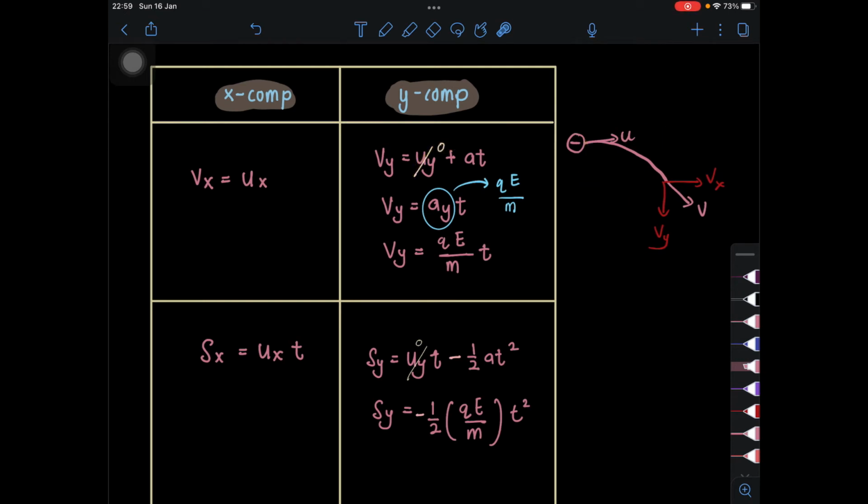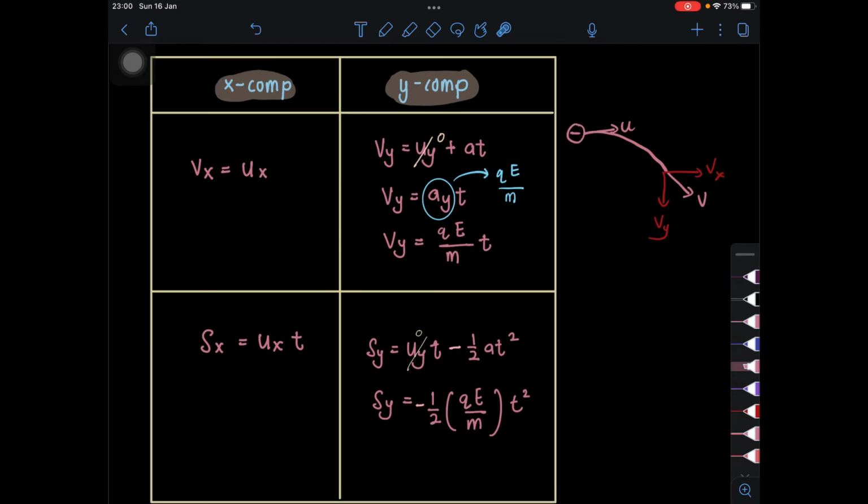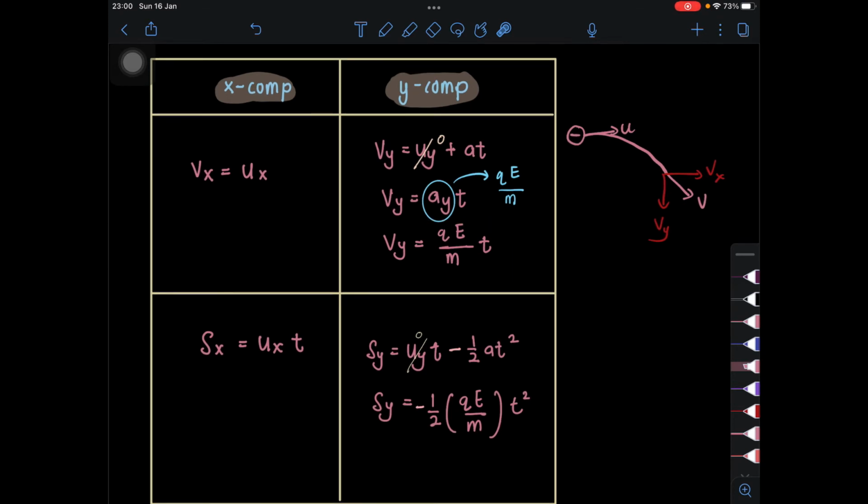And then there is one part we need to substitute with the formula from the first case. So acceleration here will be equal to QE divided by m. This is the formula from the first case. And then you will get this equation. For displacement, we have Sx is equal to Uxt.